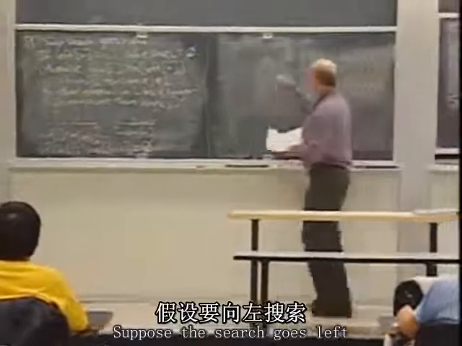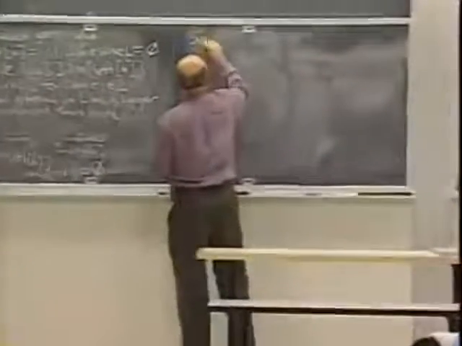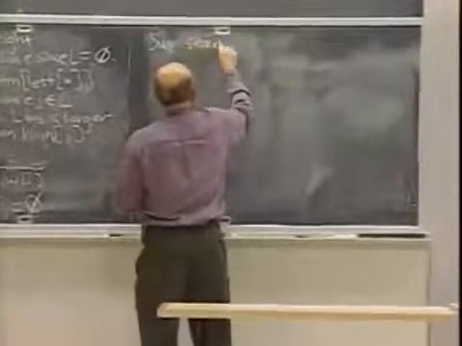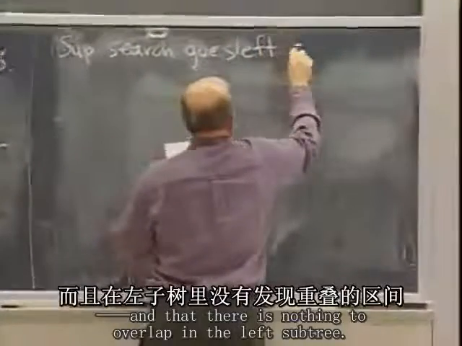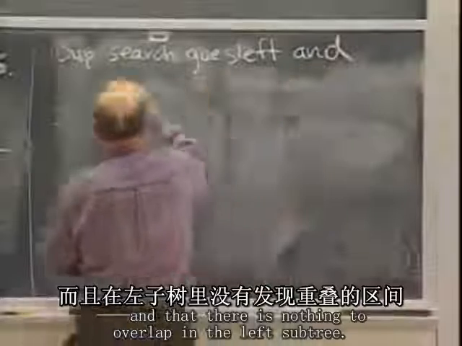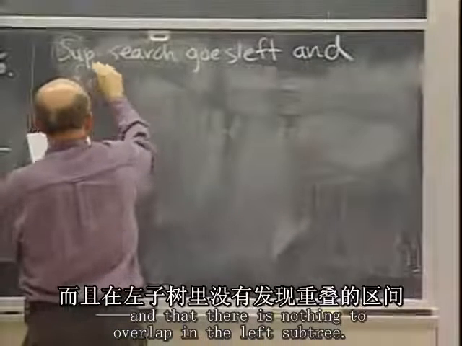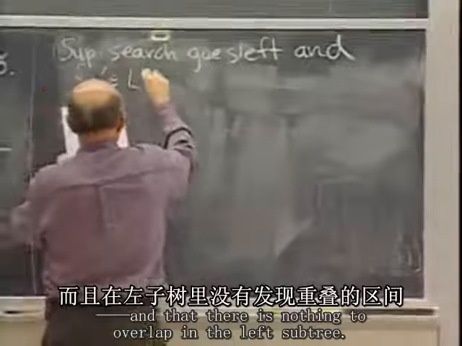Suppose the search goes left, and that there's nothing to overlap in the left subtree.